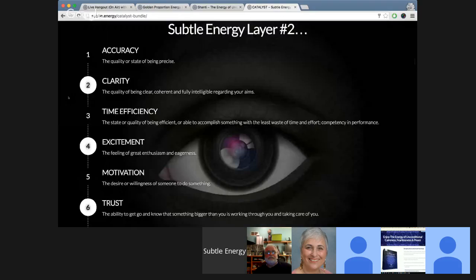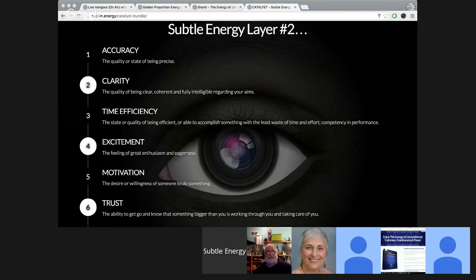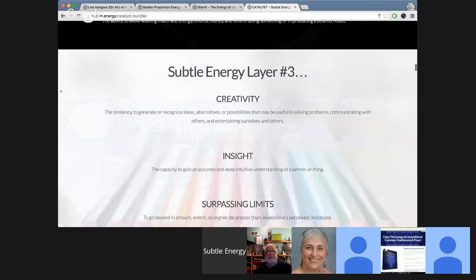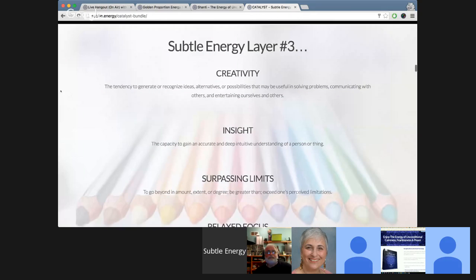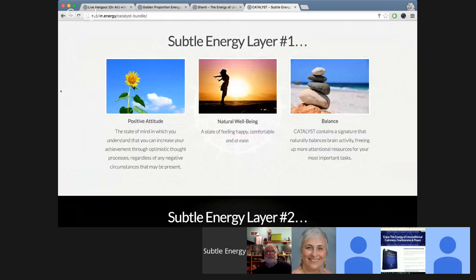So what a layer means is it's just a nicer word for energetic signature. Some people don't know what energetic signature means. So where you see layer 1, I forget how they're ordered on the sales page, but I know one of the layers is enthusiasm.